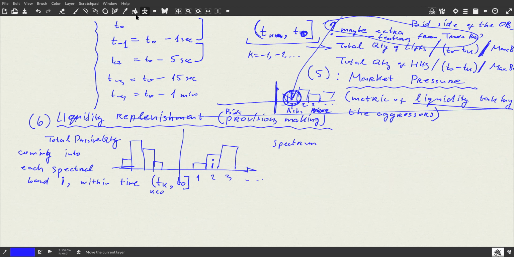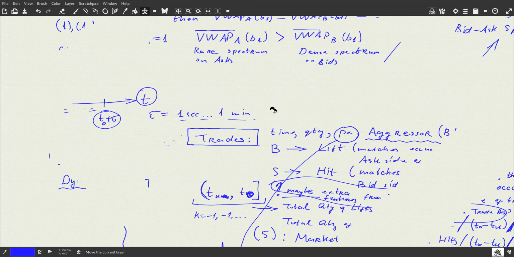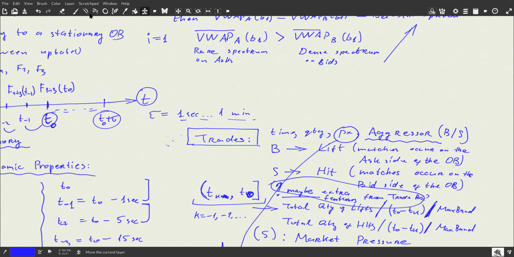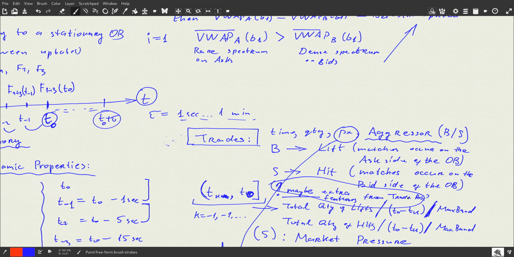And then in order to normalize it, we would divide by the same max band which you were using previously, just as a normalization factor. So you remember there was a max band here. Should we also divide by time?